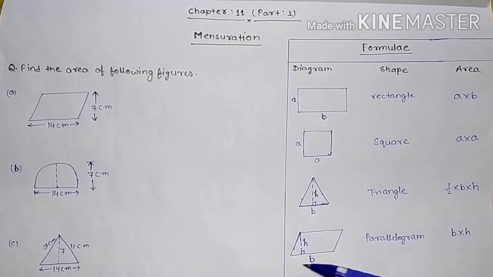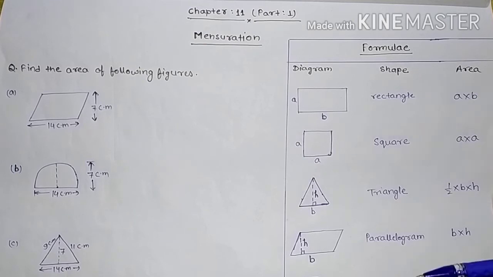So here base is given and height is given. The formula of area of parallelogram is base into height. It's very simple. Now the next one is circle. A circle is given where radius is given. We have to find area, so the formula of area will be pi r square.